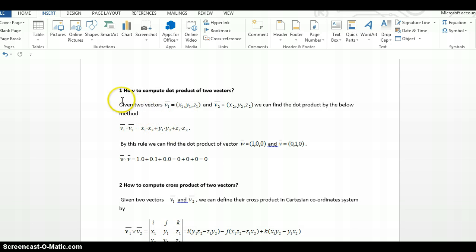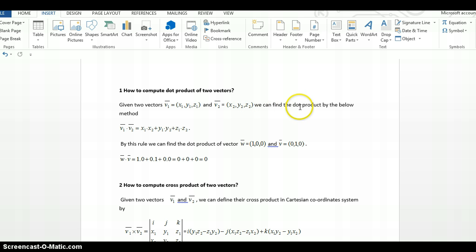First, we'll begin by trying to calculate the dot product of two vectors. Given vector v1 with elements x1, y1 and z1, and vector v2 having elements x2, y2 and z2.